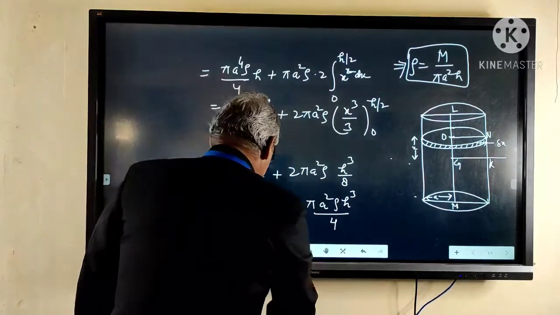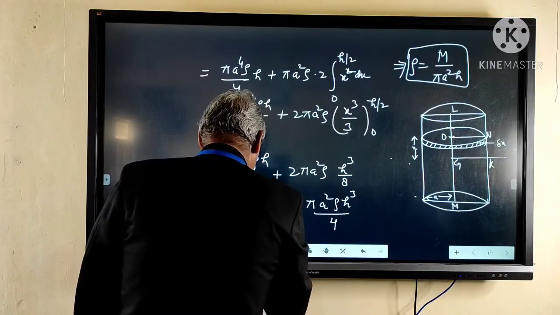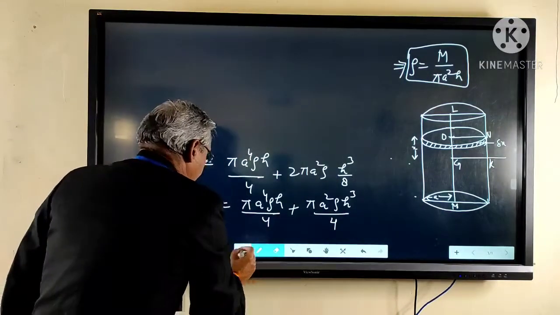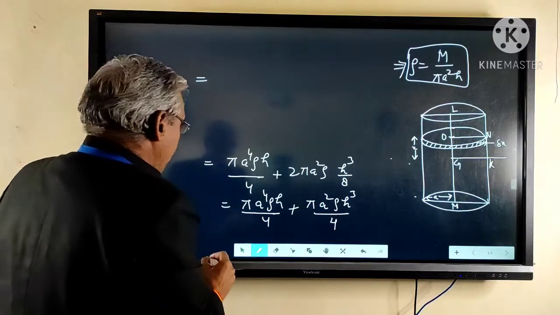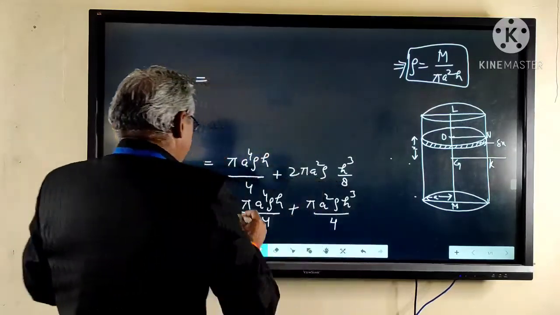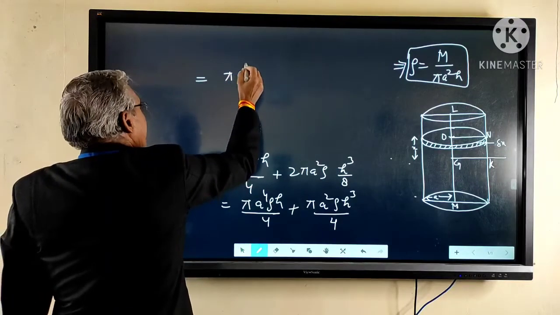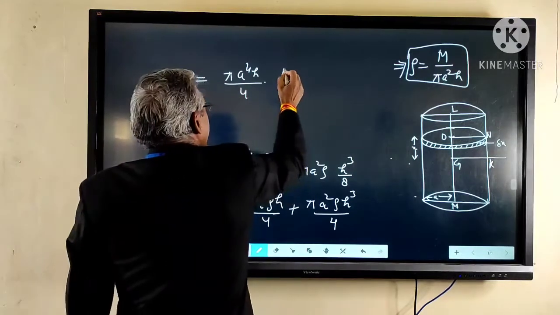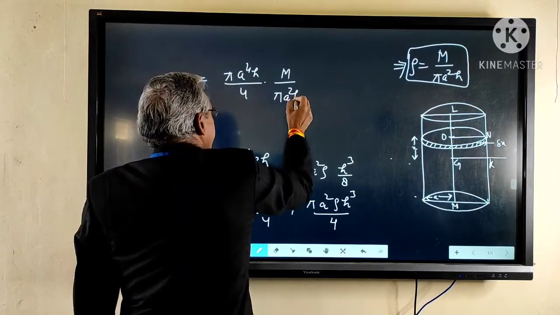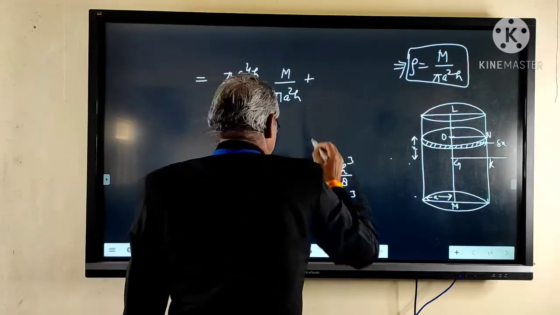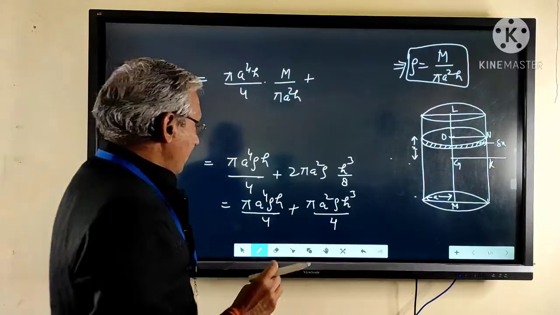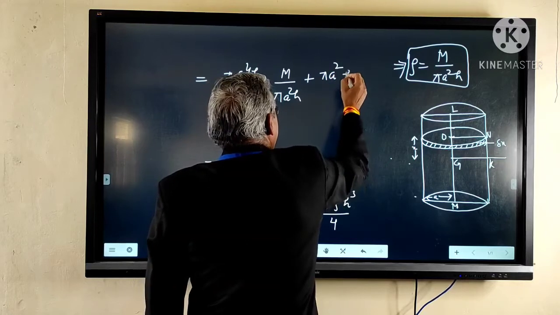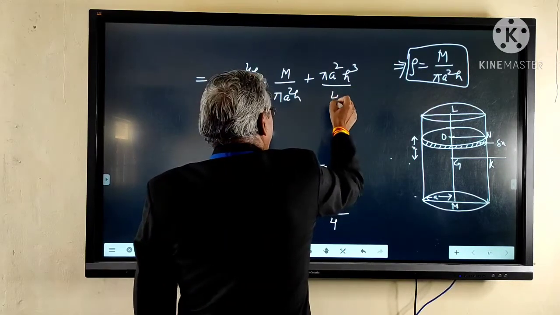This can be written as this equals to, after putting the value of rho we have this is pi a की power 4 h by 4. Here rho is m upon pi a square h plus this is pi a square, this is h cube upon 4.